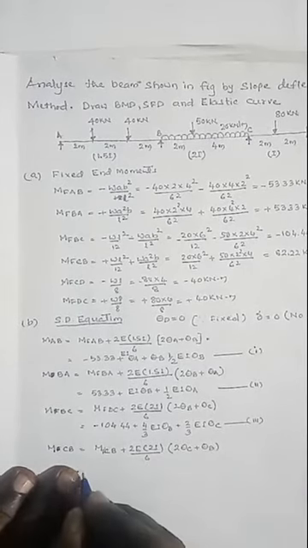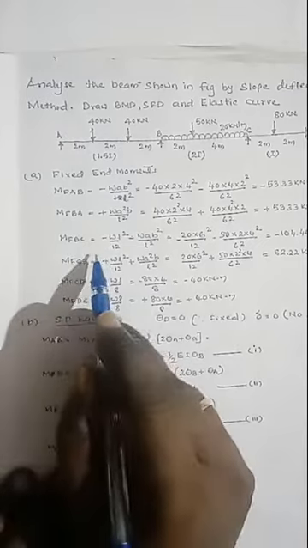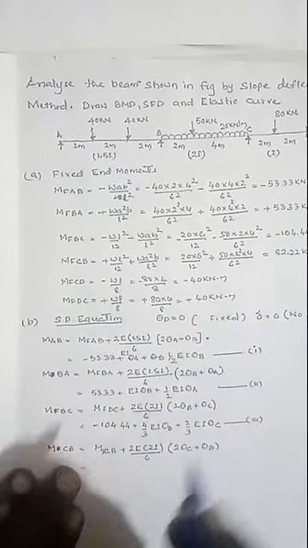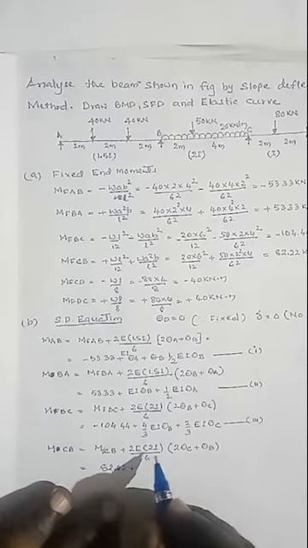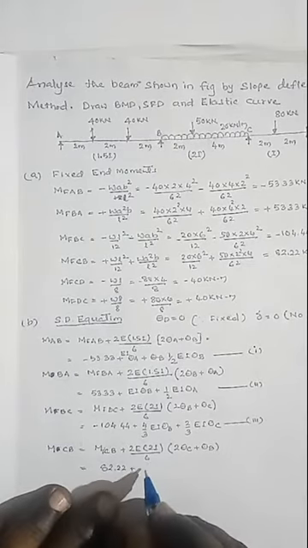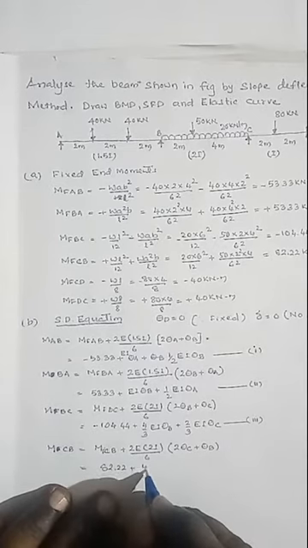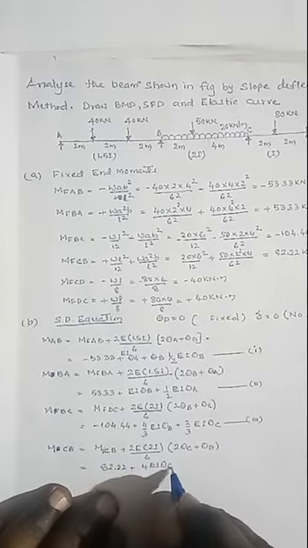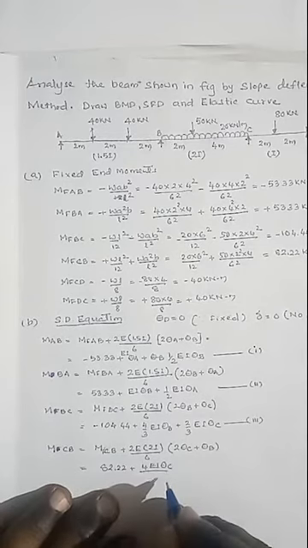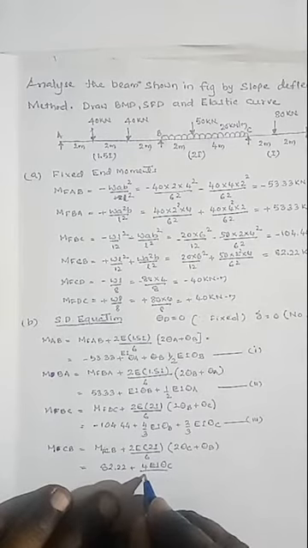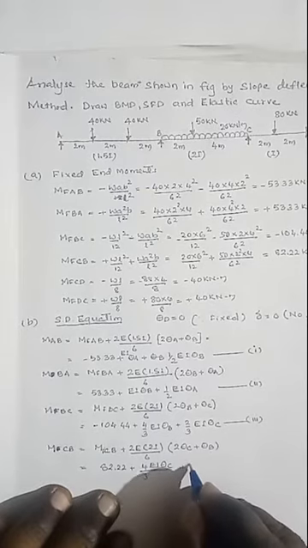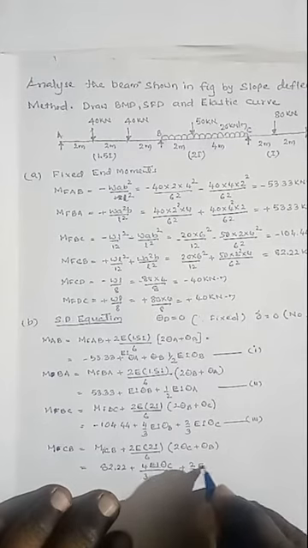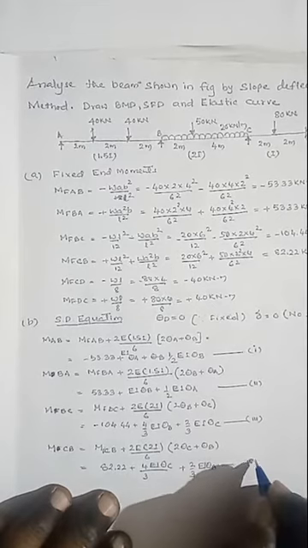MFCB is 82.22, which we have calculated, plus 2 into 2, 4 by 6 into 2, 8 by 6, that is 4 by 3 EI theta C plus 2 by 3 EI theta B. Here you get one more equation, equation number 4.